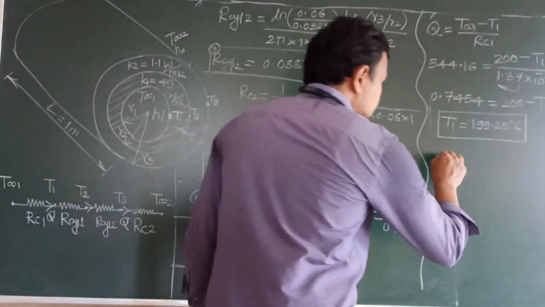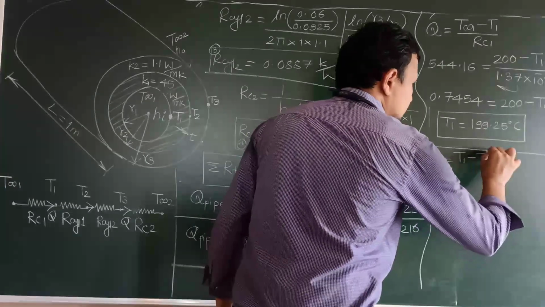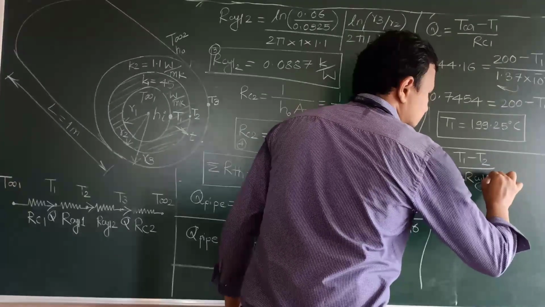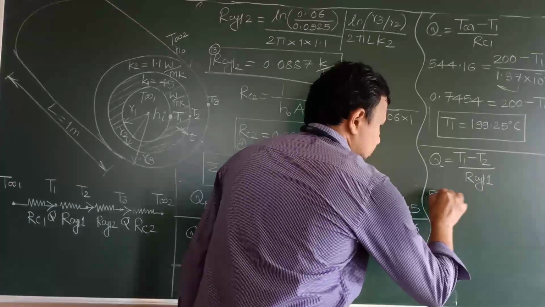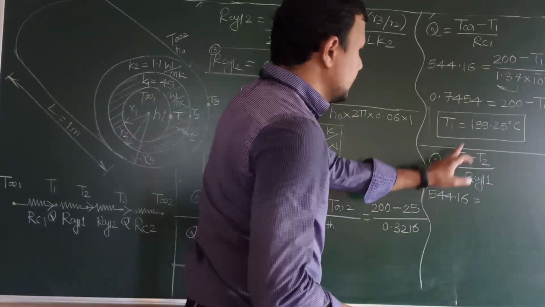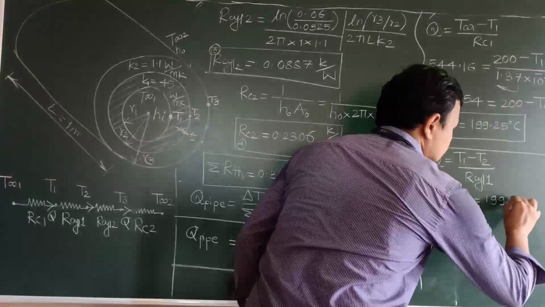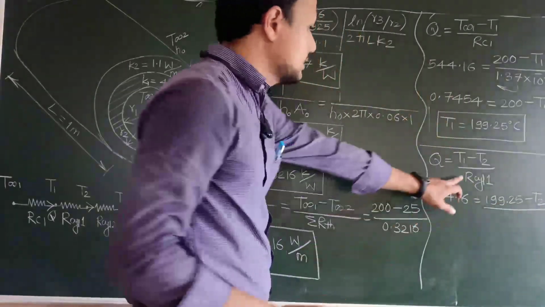So for the second temperature, Q is equal to T1 minus T2 upon R cylinder 1. Q is known to me, 544.16. It is equal to T1, which I just calculated, 199.25, minus T2, upon R cylinder 1.